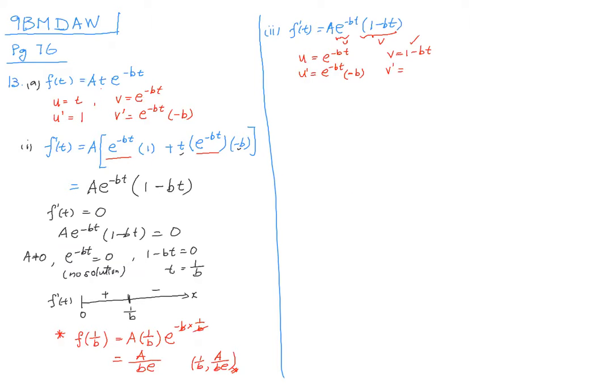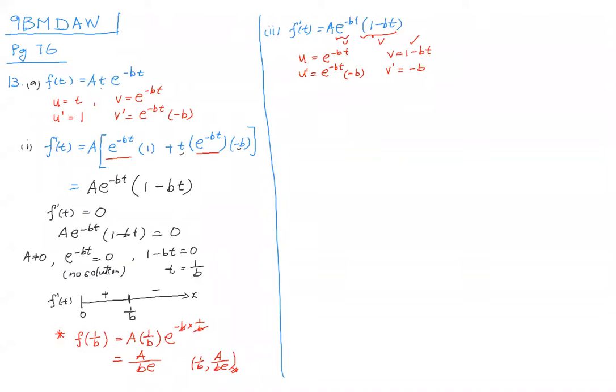Cindy not in. Cindy, are you here? Oh, Cindy is not in this class. Okay. Chunyi? Minus b. Yes, negative b, you're right.